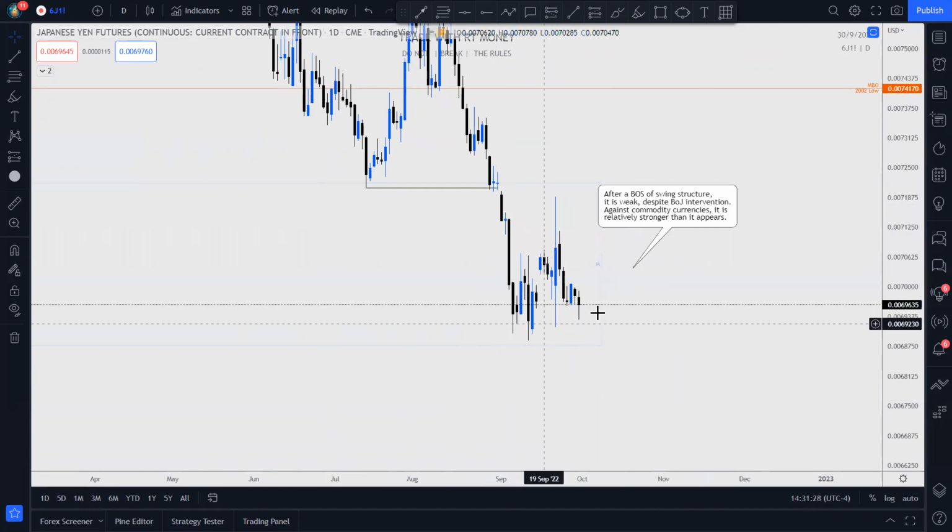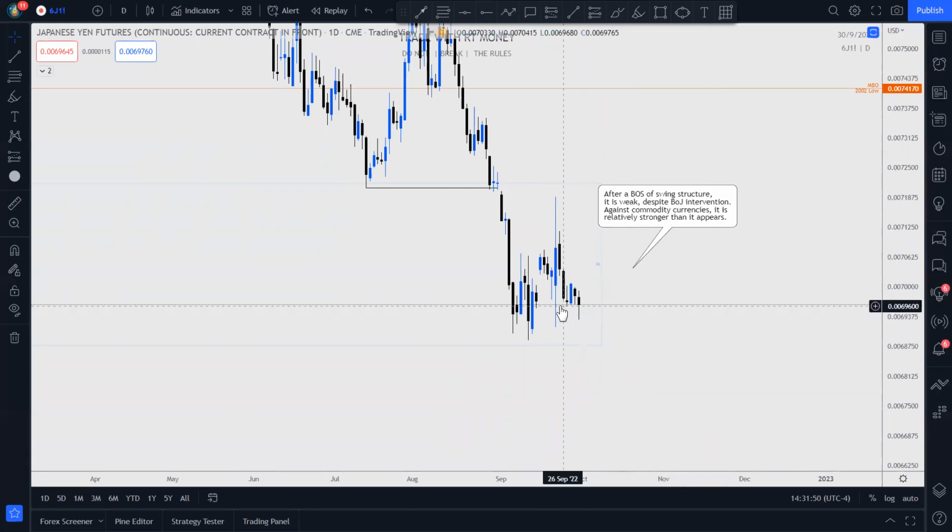But this is the kind of currency, all right, it is a safe haven currency, and in times of pending recession, in times like what we see right now, the yen will outperform commodity pairs.